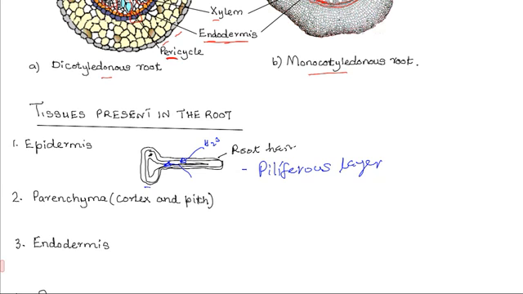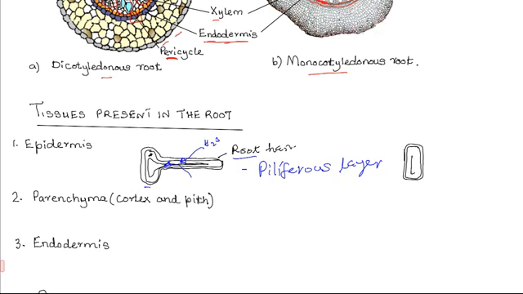Now, as the root tissues mature, these root hair cells lose their root hair. They become less permeable and they assume their protective function. So they become rather protective instead of absorptive.